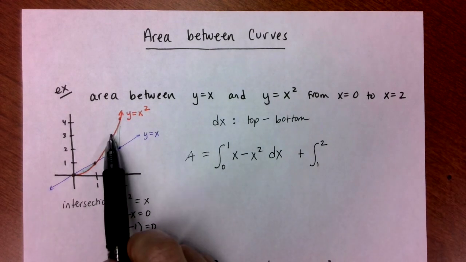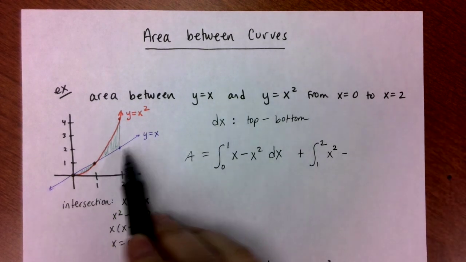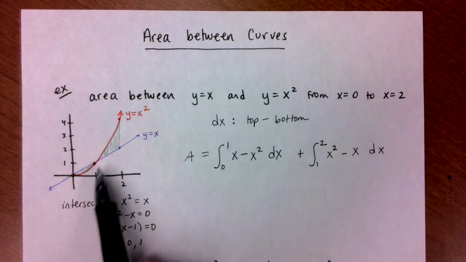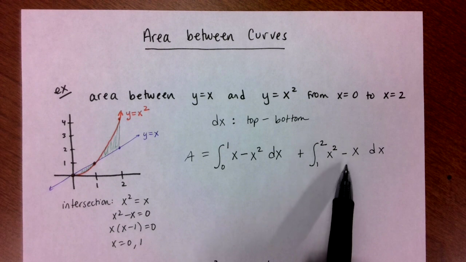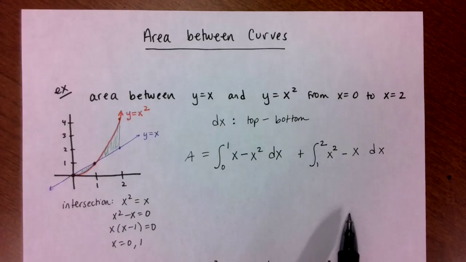And then I'm going to have top formula, which is now x squared, minus the bottom formula, which is now x. So I have to separate these out into two pieces because they're not using the same top and bottom choices for each. And then from here, I would do antiderivative, plug, plug, subtract for each of them, compute a number, and then my final answer is those two numbers added together. And they should both come out positive because of the way we split this up.